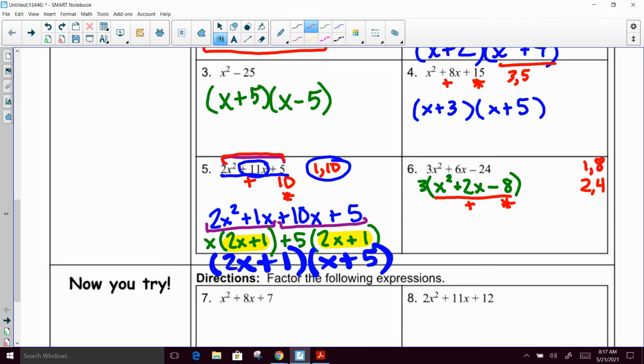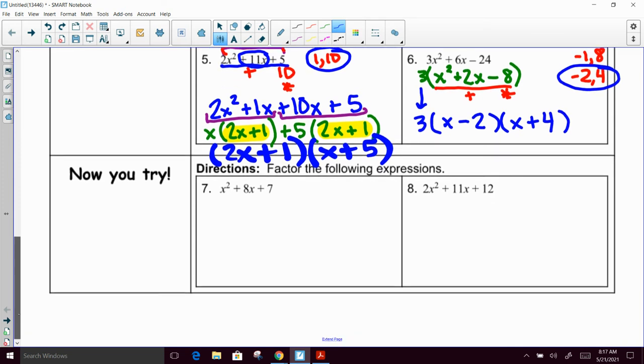But I need to get a negative 8, so that means one of them needs to be negative. When I add them together, though, it's a positive, so that means my smaller number has to be negative. Do negative 1 and 8 add up to be 2? No. How about negative 2 and 4? Yeah. So don't forget to bring down your greatest common factor. And then we've got x minus 2, x plus 4.